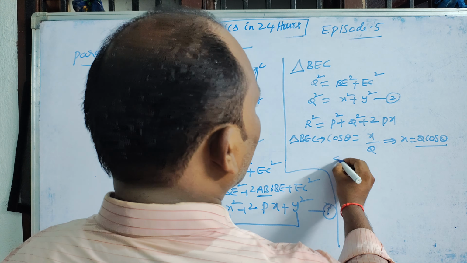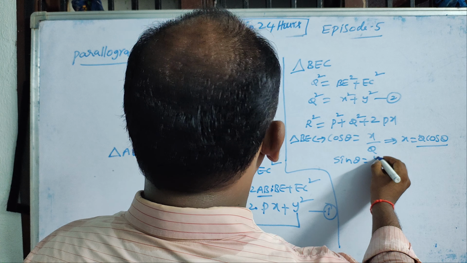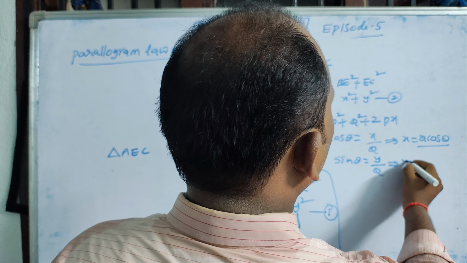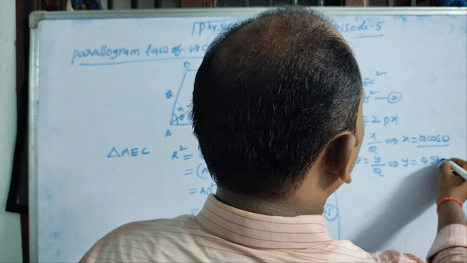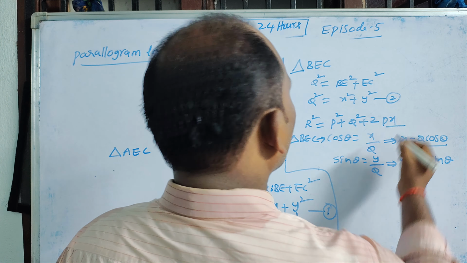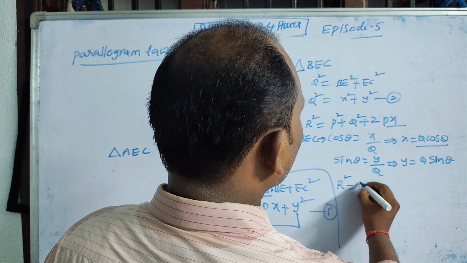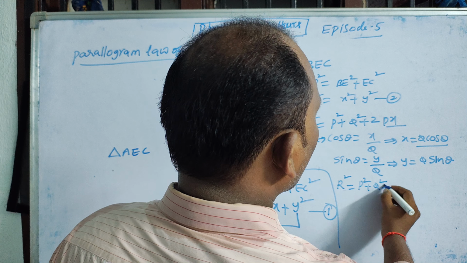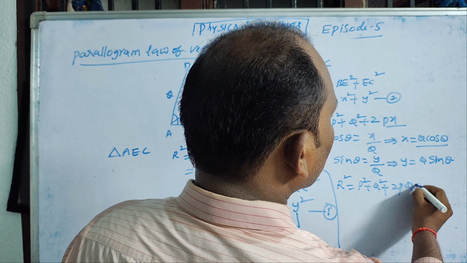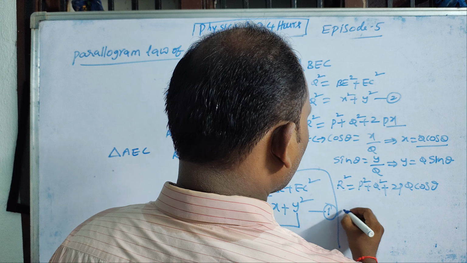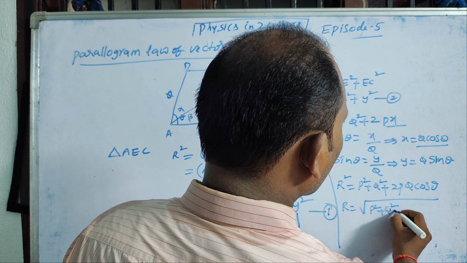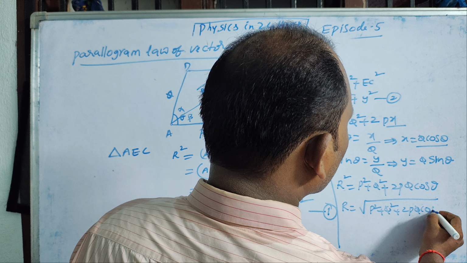Same like this, sin theta is equal to opposite side y by hypotenuse q, which gives y equal to q sin theta. So now I want the x value. R square is equal to p square plus q square plus 2p times x, and x is q cos theta. Substituting here, R is equal to the root of p square plus q square plus 2pq cos theta.